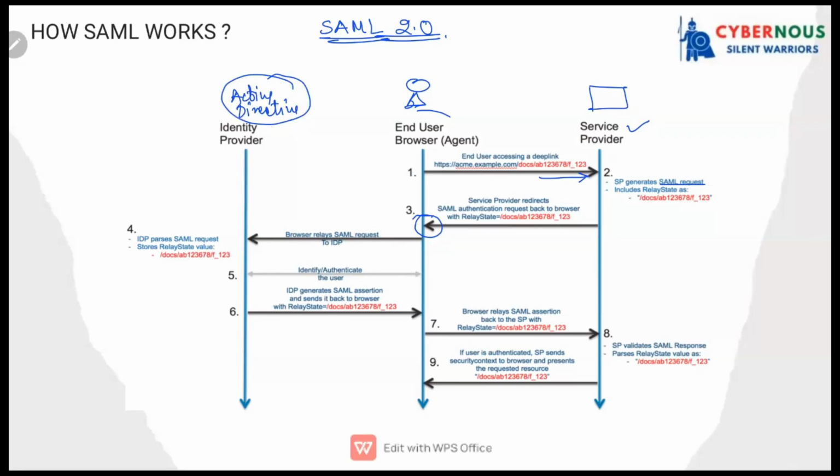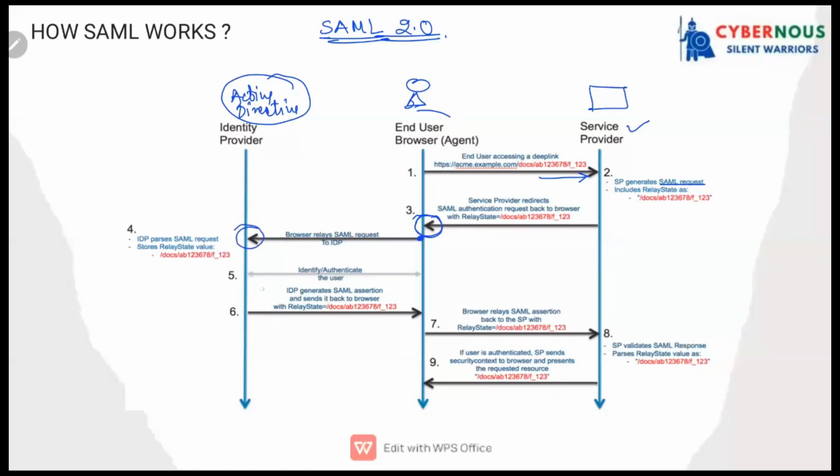An identity provider is the central authentication and access control system that you have. Let's say this service provider has sent you this particular request. Your browser, transparently to you, will take this same request and send it to the Active Directory, that means your identity provider.